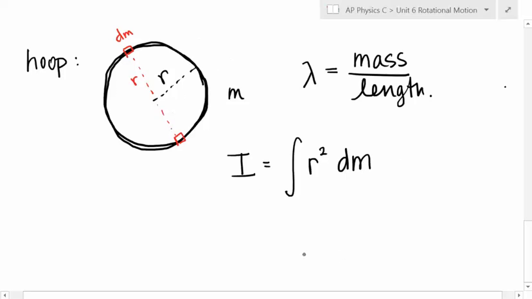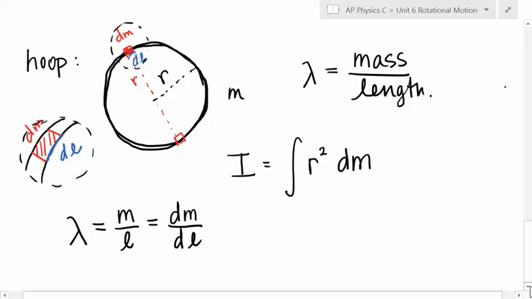So if lambda is my symbol for linear mass density, that would be mass per length, which I could also write as a little bit of mass over a little bit of arc length. So if this is a chunk of dm here, then this tiny little arc right here is my dl.